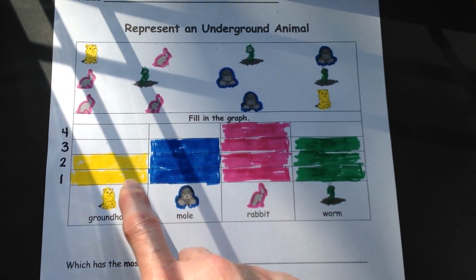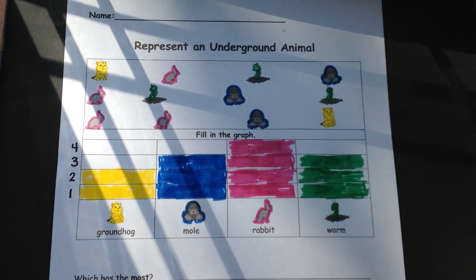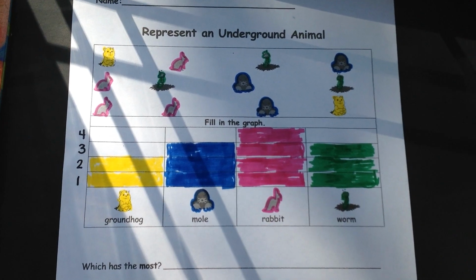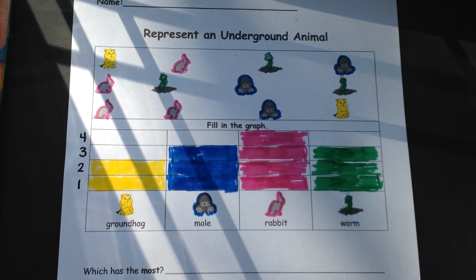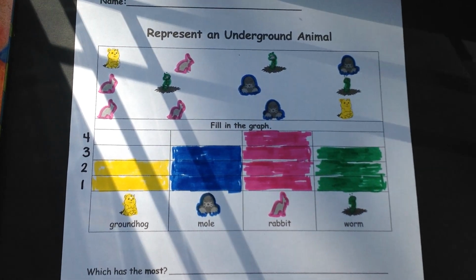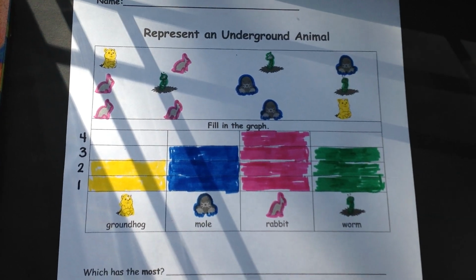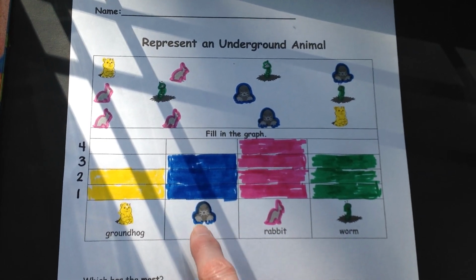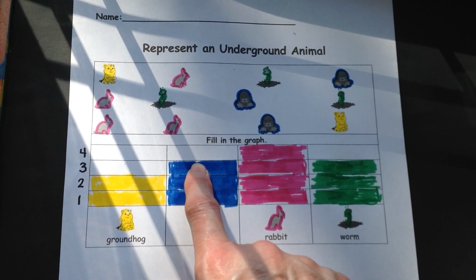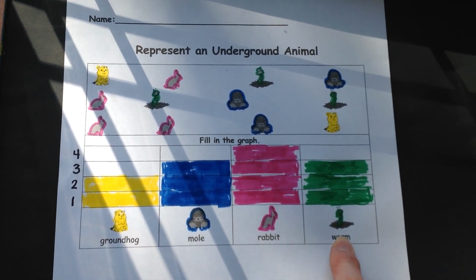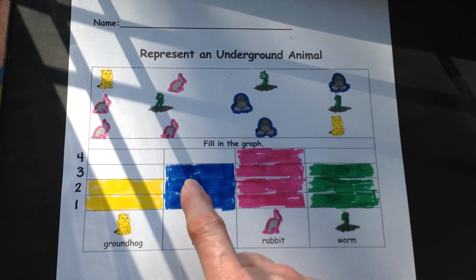Which animal, which creatures have the same amount? Take a look. Which ones are equal? Which ones have the same amount? That's right. Mole has 3 pictures and worm has 3 pictures.